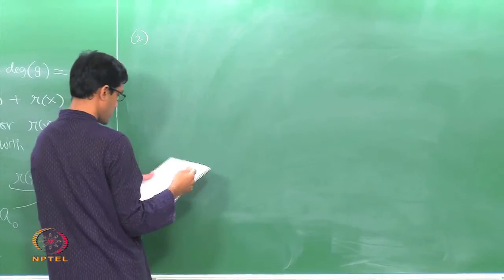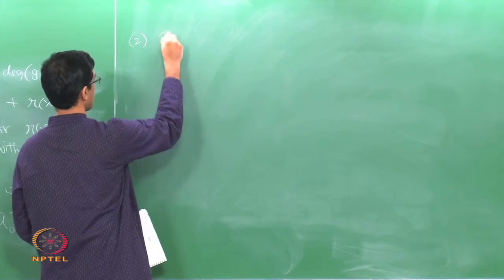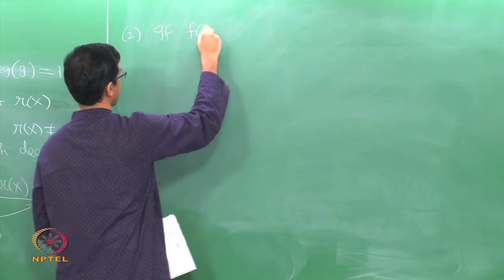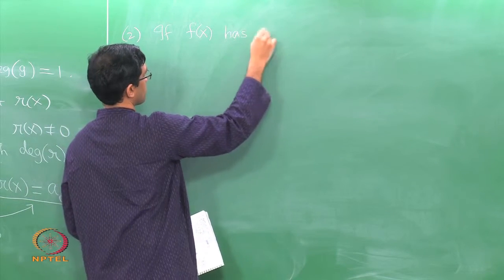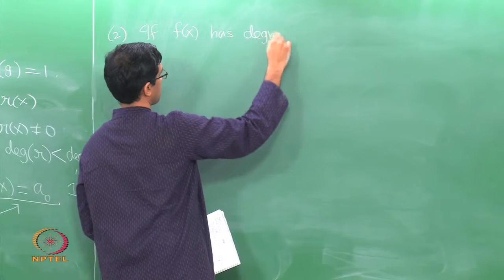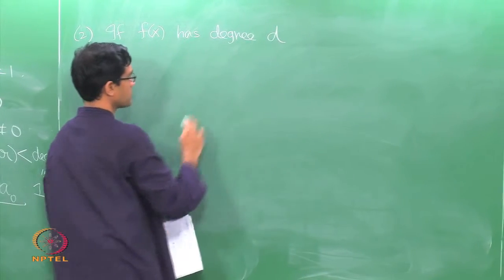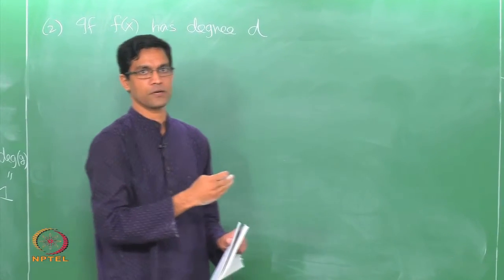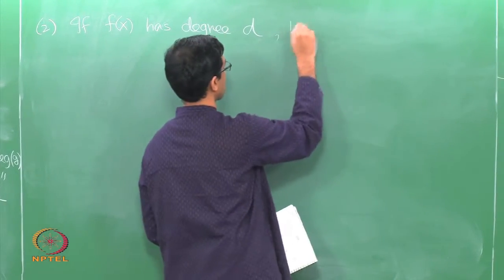The second thing here says if f of x has degree d, then it has at most d distinct roots.